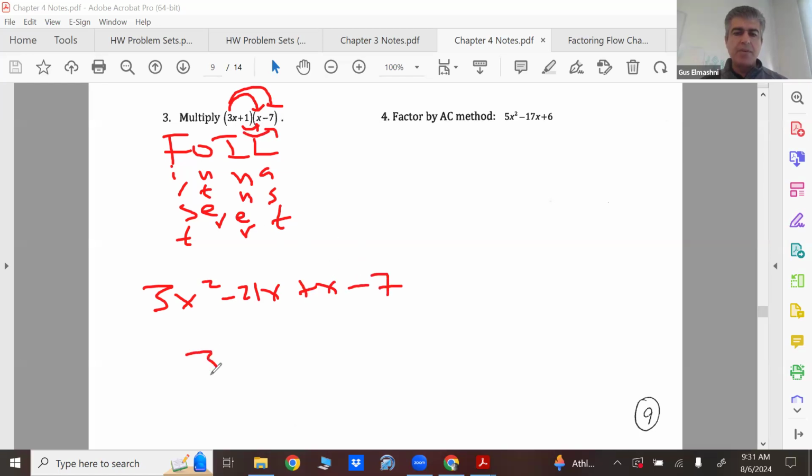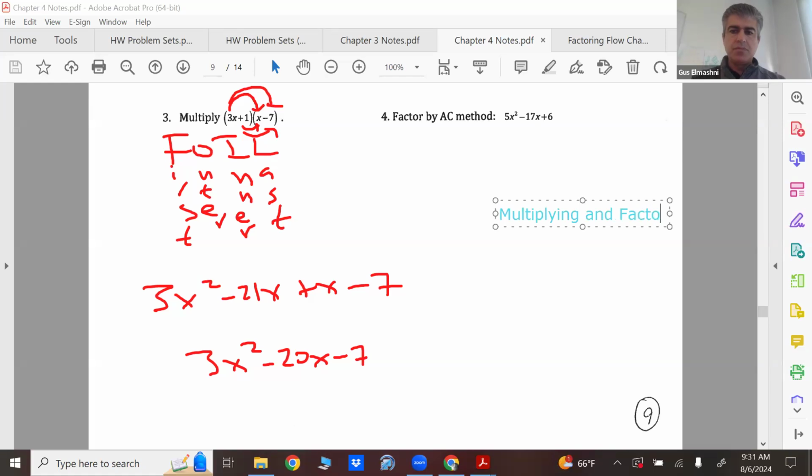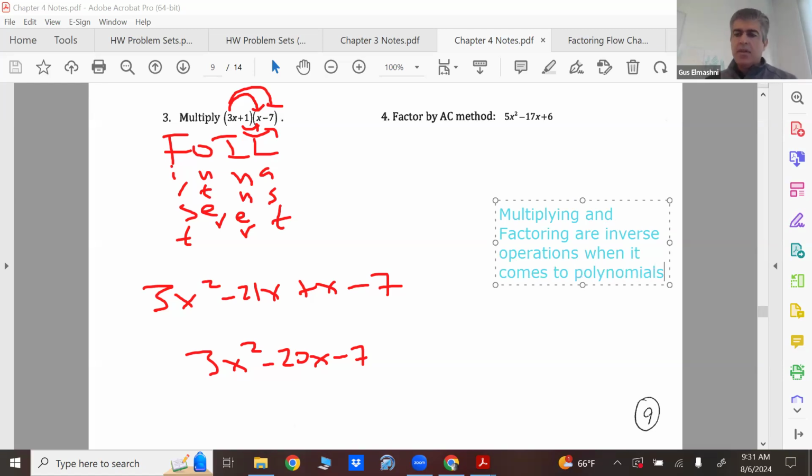Combine the like terms, and you've got to expand it. And if you want to get back to how it was before, then you factor. Because multiplying and factoring, they're inverse operations.